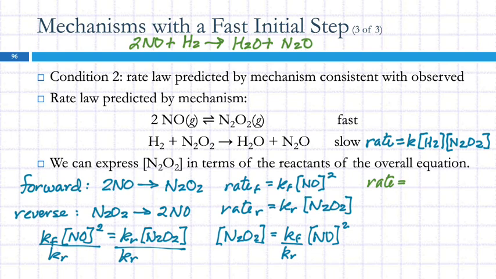So we can take rate equals K times H2, and then instead of this, we're going to plug this thing in: K forward over K reverse times NO squared. I'm going to collect all of these K's.